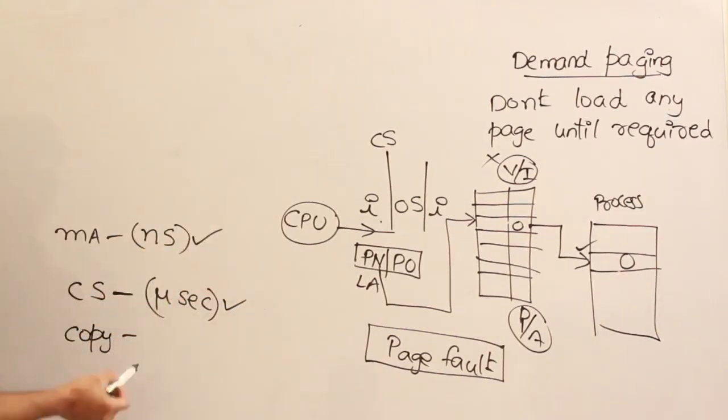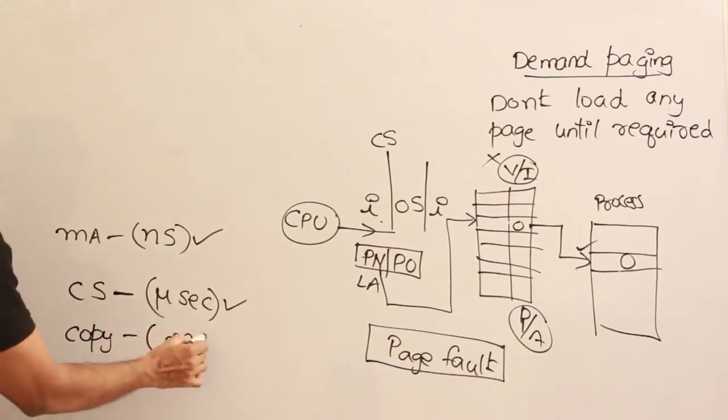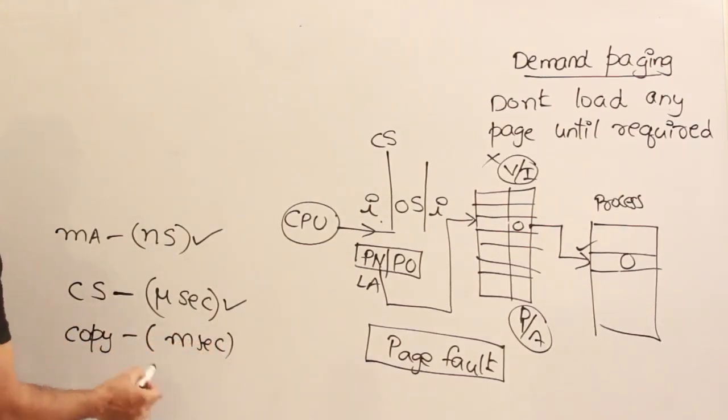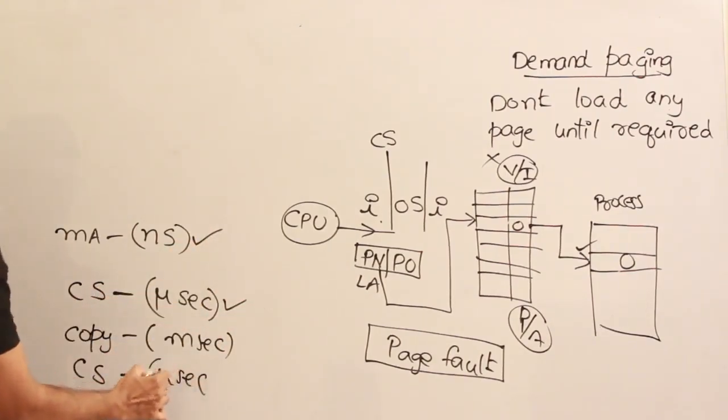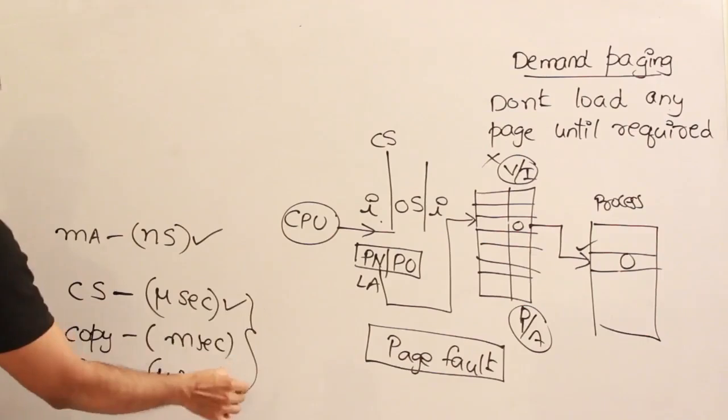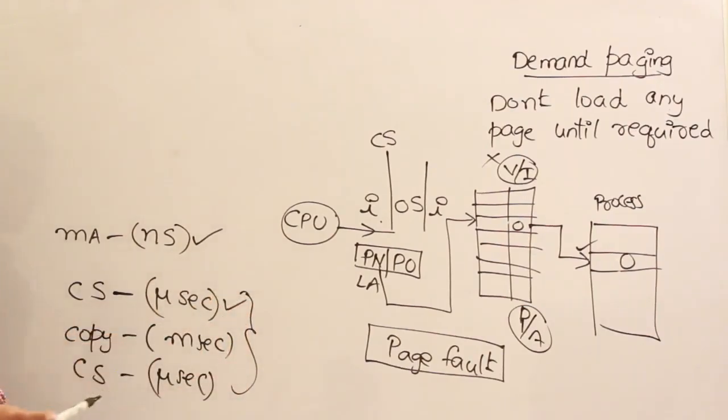For that copying, the time taken is going to be milliseconds, right? And then again there has to be a context switch from the operating system to the user process, right? So all these activities, and again there will be an interrupt, and then the interrupt service routine, everything will be there. I'll talk about interrupts later anyway, okay?